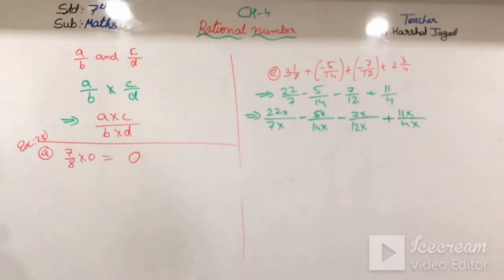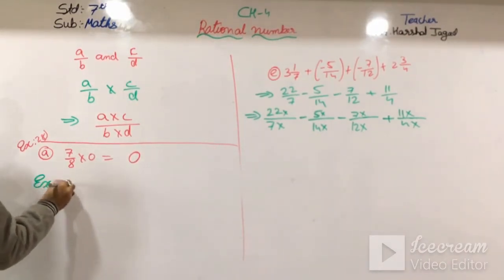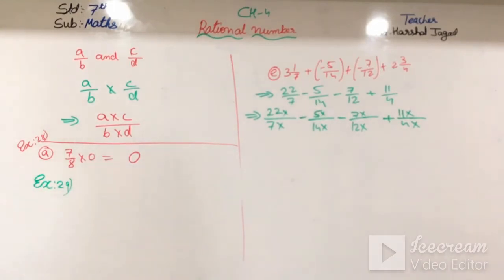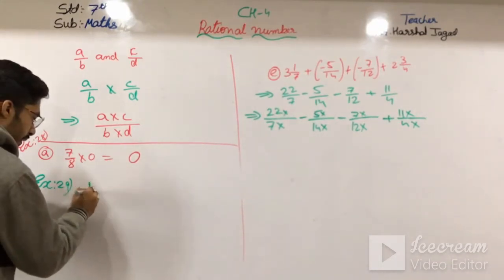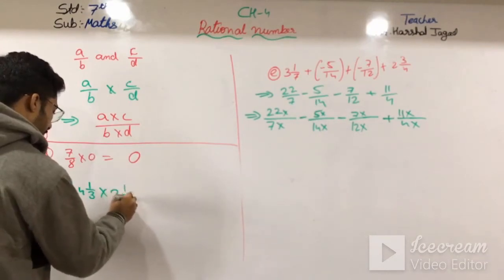Okay students, and let us see example number 29 over here. In that, 4 integer 1 by 3 into 2 1 by 13.